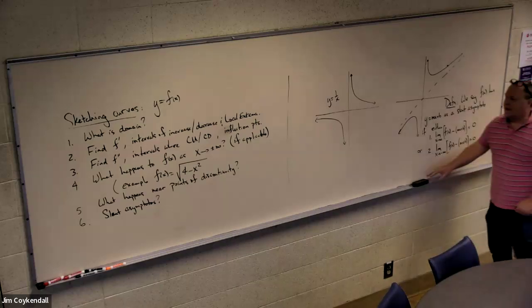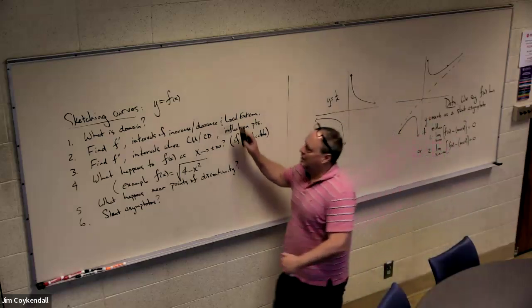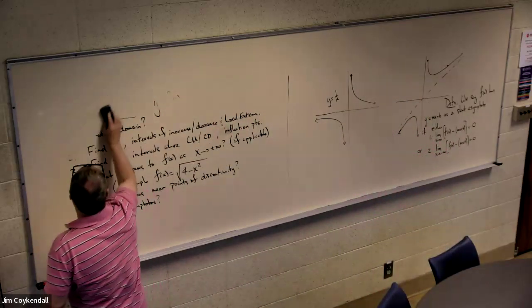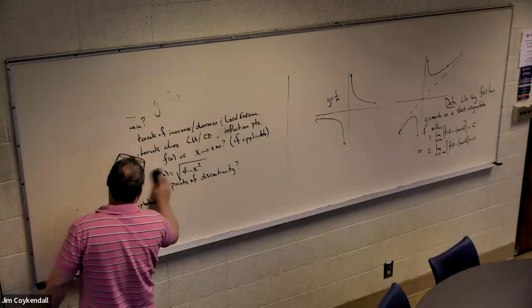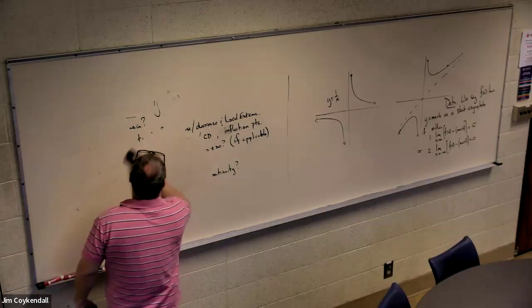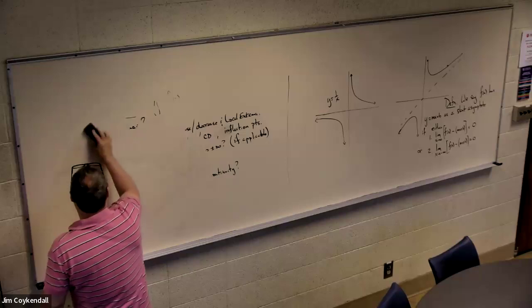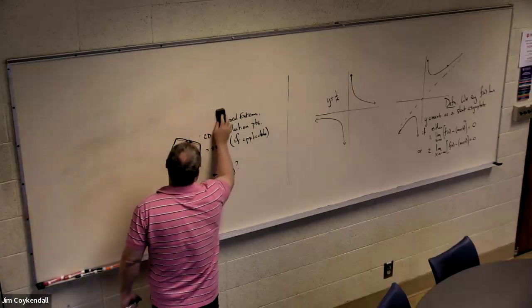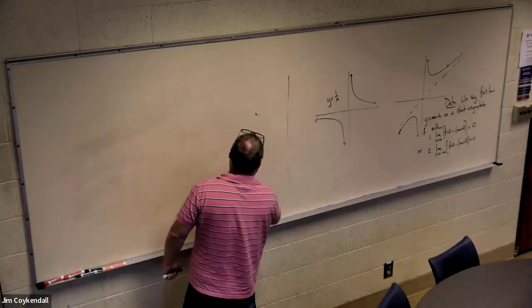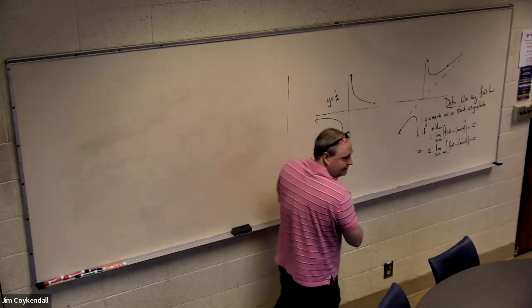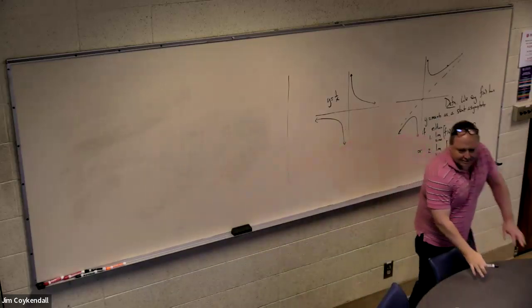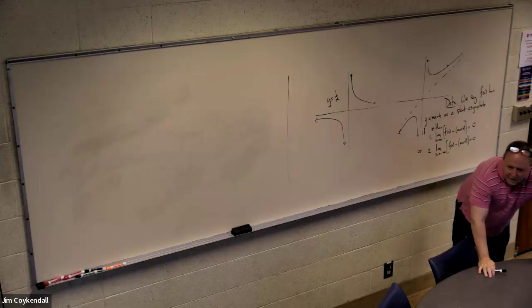Can anybody give me, now I give you the freedom to be a smart aleck in answering this. Can anybody give me an example of a function that has a slant asymptote?